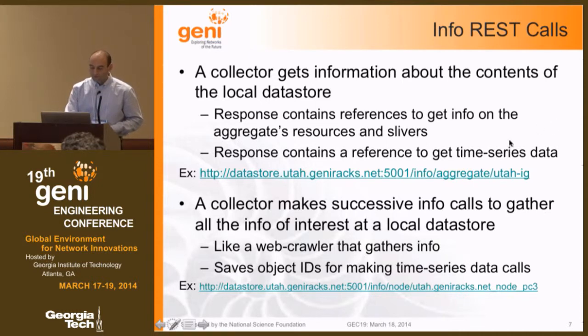Once you get information from the aggregate info query, you get links to something that looks like this bottom link. When this returns, it would return several hrefs to another link to crawl and get more information about the aggregate. The important point to note here is that the object IDs that are returned and used to make these queries are used in the next data queries.